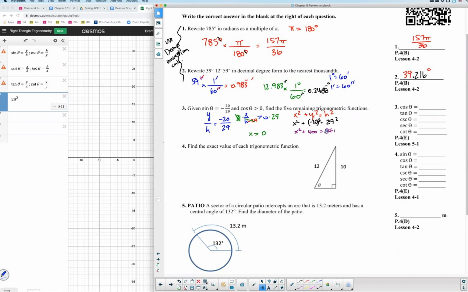So a little algebra here. I'm adding 400. What's the opposite to get x isolated here? Subtract. So we have x squared equals 441.